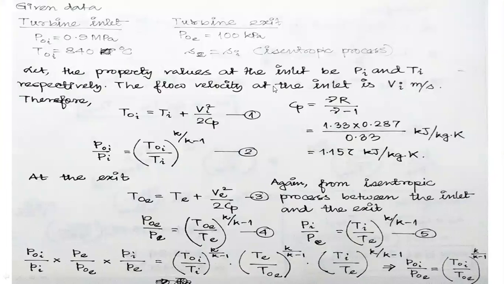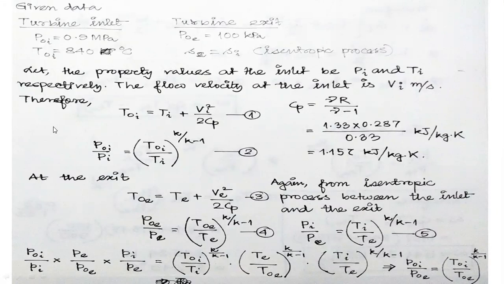So we have to determine the value of T0e. Now we know that the relation between the actual temperature, stagnation temperature, and actual pressure, stagnation pressure is like this, because the process of stopping the flow is an isentropic process.